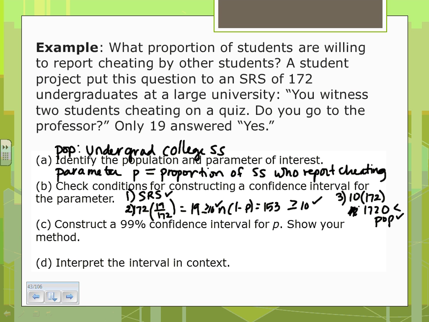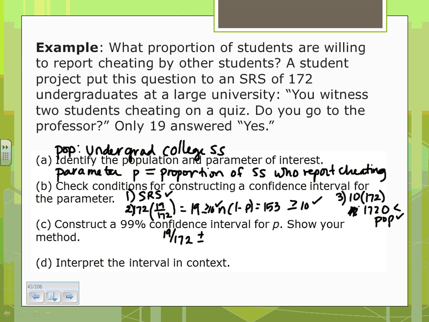All right, so now let's just see, construct a 99% confidence interval for P. So we're going to take our statistic, P hat, which was 19 over 172, plus or minus our Z star.